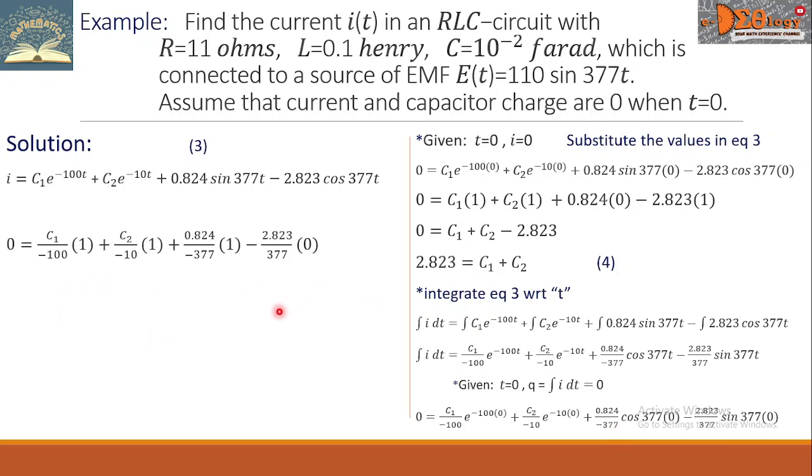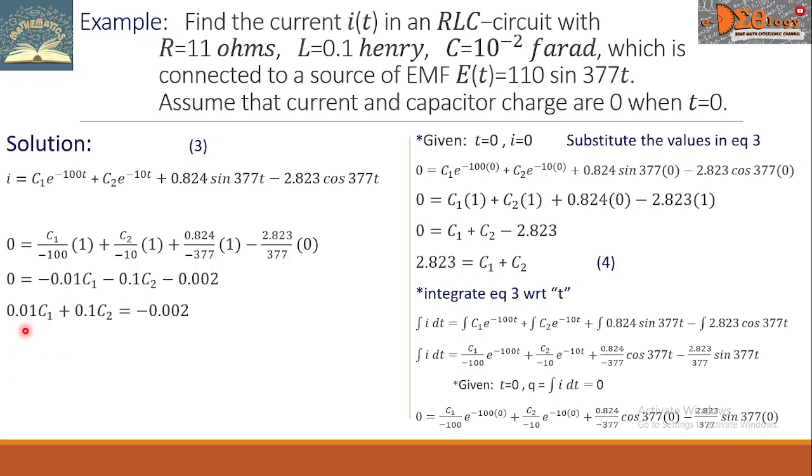When we simplify respective values, the equation becomes 0 is equal to negative 0.01 C sub 1 minus 0.1 C sub 2 minus 0.002. We can transpose these two values to the left side.